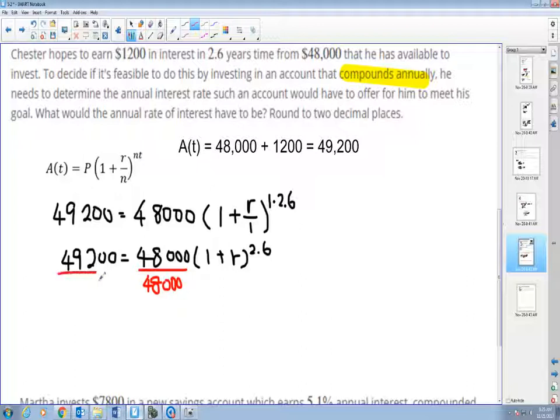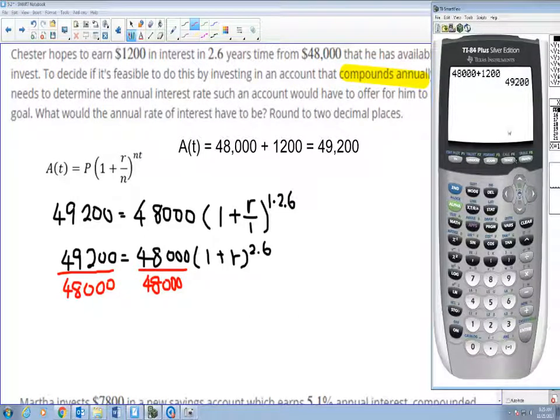Now I'm going to put this in my calculator, and what I want to see is clean decimals. If it's not clean, then I'm not going to write all these crazy decimals. So I'm going to divide by 48,000. Is this clean? This is actually quite clean, because the decimal ends at 5, so I can say 1.025.